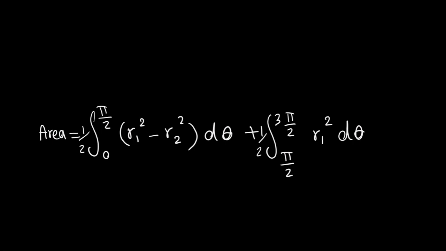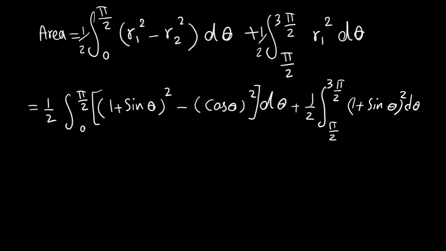Okay, r1 is 1 plus sine and r2 is cosine of theta. So the next step is to expand 1 plus sine in both integrals, and that gives us 1 plus sine squared plus 2 sine of theta.